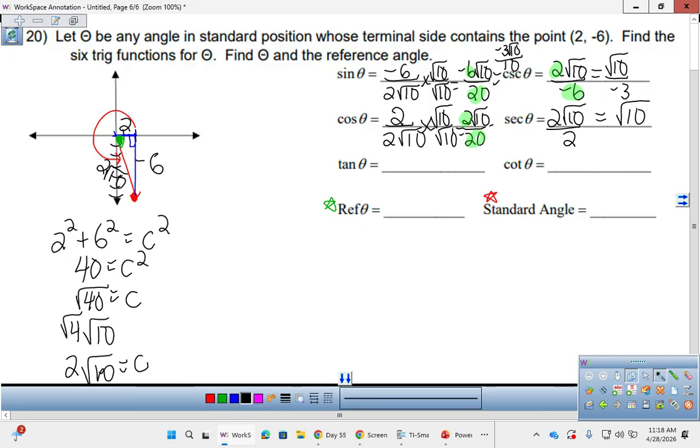I'm just reducing fractions. I'm getting root 10 over 10 for that one. I'm just multiplying the root 10 by root 10, which is root 100, which is 10, and then that 2's just coming along, and so it becomes 2 times 10. It's obviously much easier if it's a root that doesn't break up, but if you have that, you just carry that through. And then tangent is opposite over adjacent.